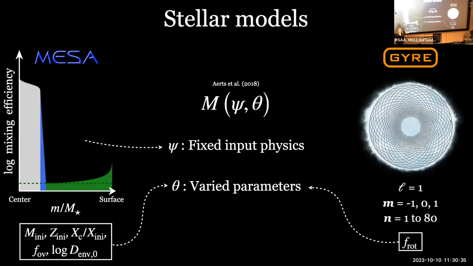When we have these models calculated with the stellar evolution code MESA, we toss them into a stellar oscillation code called GYRE, in which we vary the mode identifications, these l, m, and n values, and the rotation rate of the star as well, to then obtain these period spacing patterns from theory that we compare to the observations.